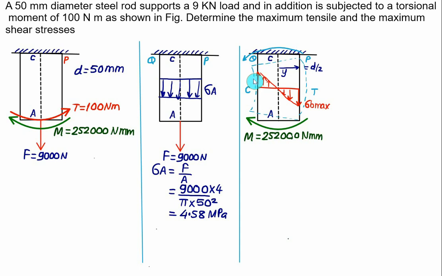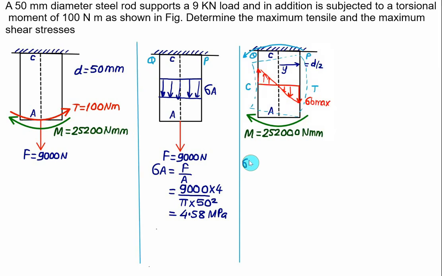We can calculate the maximum bending stress as bending moment multiplied by y divided by I. The maximum bending stress will be plus or minus both values. For the positive value you select point P, and for the negative value you select point Q. So this will be 252,000 multiplied by y. Y is d by 2, D is equal to 50, so we have 50 divided by 2.